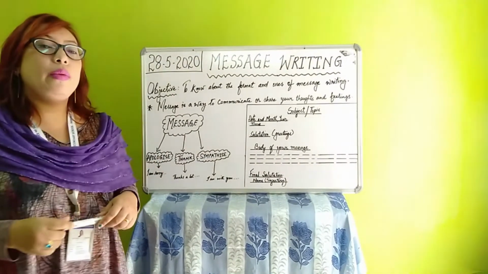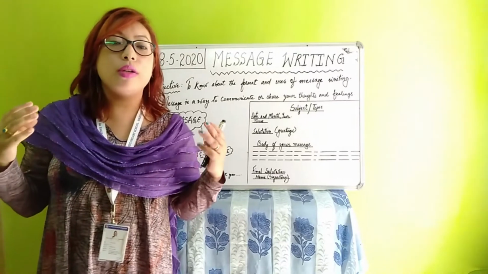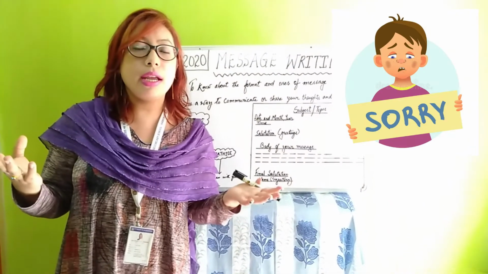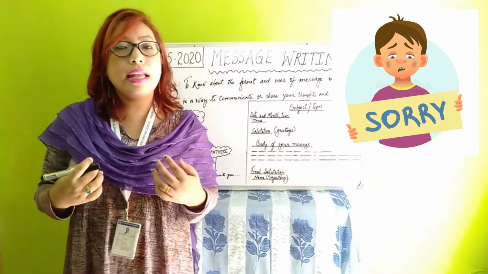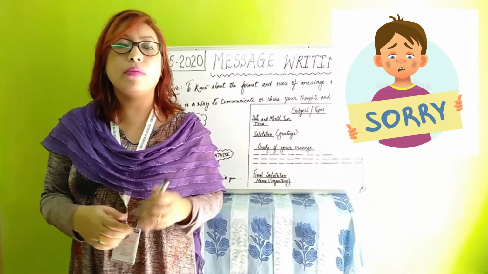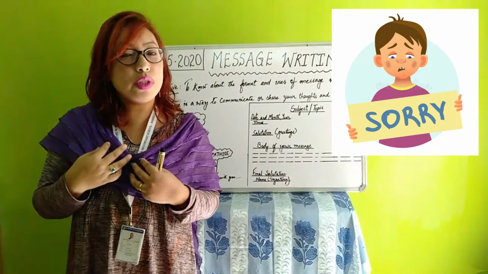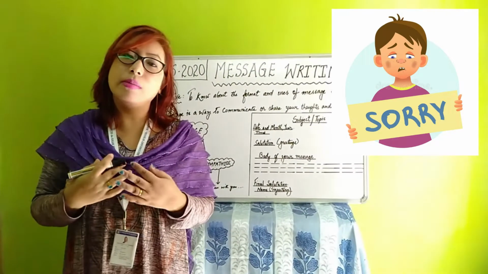Here, when we want to apologize. Apologize means when we want to say sorry. What are we? We are human beings, and in the course of time, we tend to make mistakes. So when we make mistakes, it is our duty to apologize or say sorry for our mistakes.